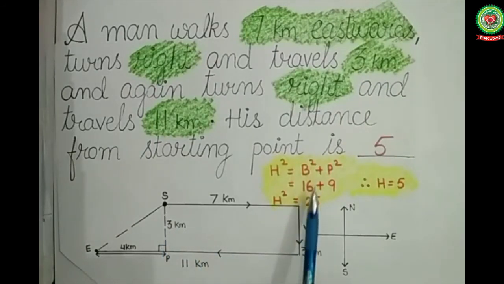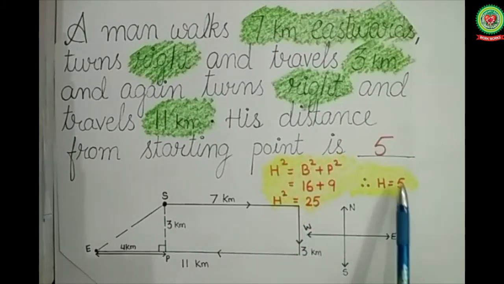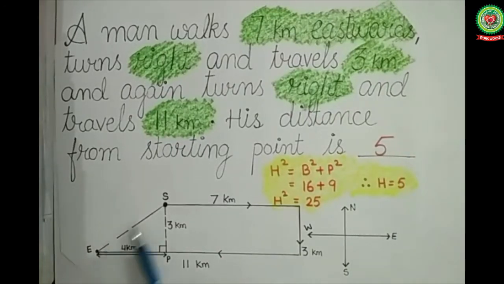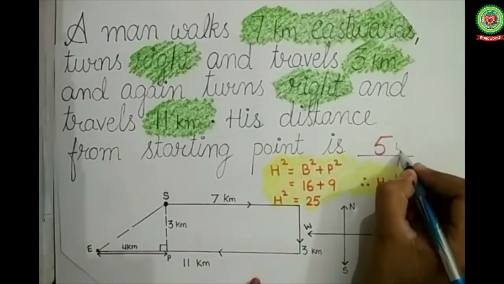So base square is 4 square, that is 16, and perpendicular square is 3 square, which is 9. So 16 plus 9 is 25, which is equal to hypotenuse square. Taking under root on both sides, we get hypotenuse as 5. So 5 kilometers is the distance between E and S. So his distance between his ending point and the starting point is 5 kilometers.